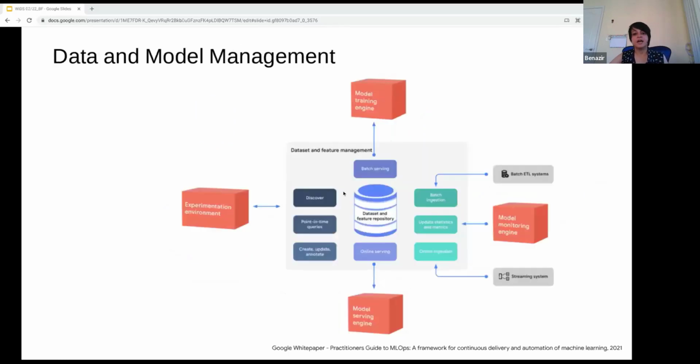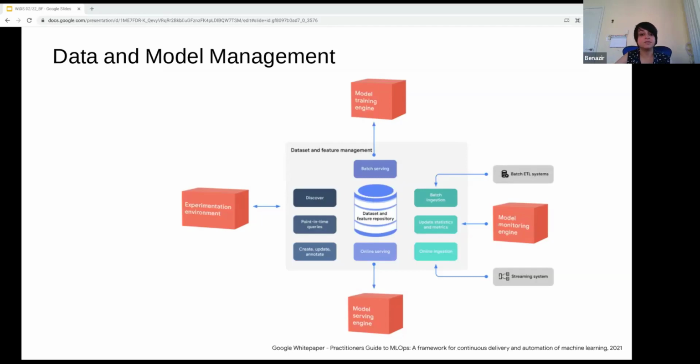Okay, great. And the last one that I wanted to touch on is the horizontal process, which has proven to reduce the number of manual steps that people end up taking. For example, how do you manage your model and your data set? Do you have a data set and feature repository with the functionality that you might need?